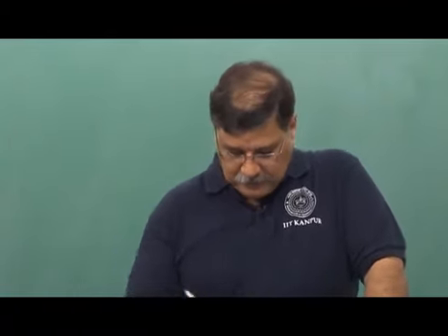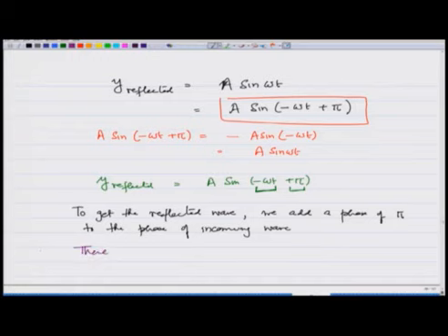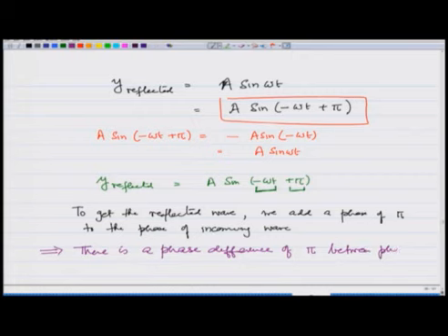There is a phase difference, which implies that there is a phase difference of pi between the phases of incoming and reflected waves when the reflection is from a hard wall.